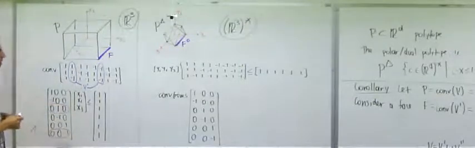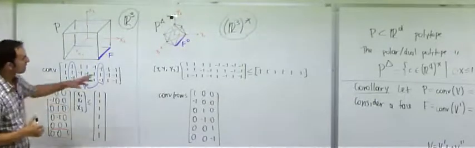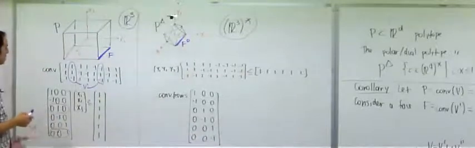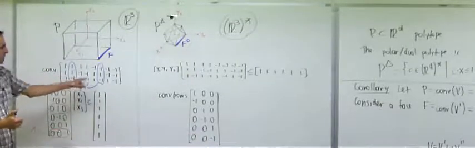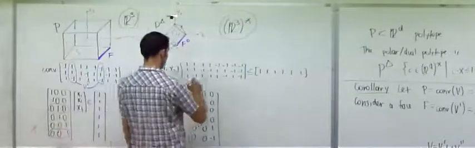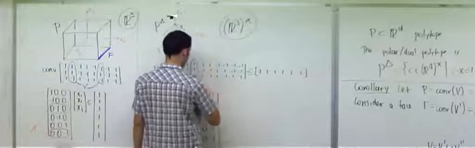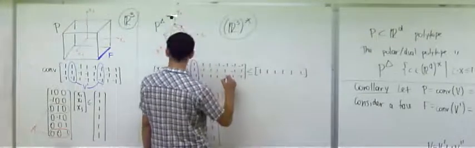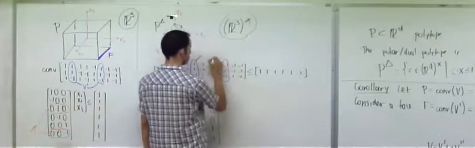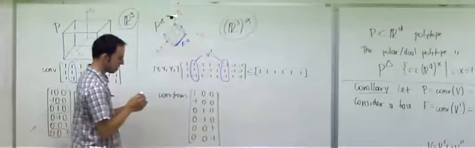Okay? And how do I describe this face F dual? It turns out that it's as easy as just copying what you did here. I just go here and I say this was V, and so these were V prime. Okay?